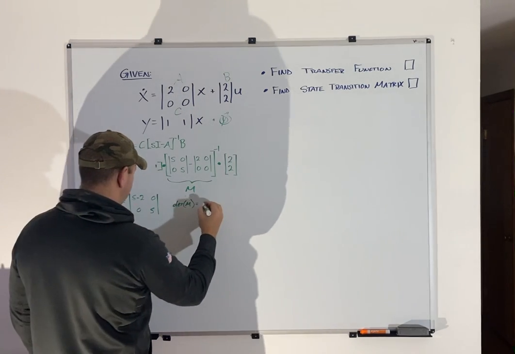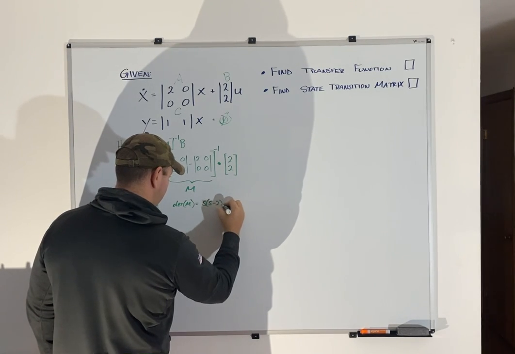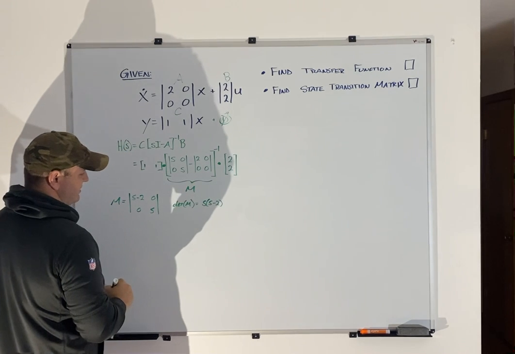So it's going to be S times S minus 2 minus 0. So the determinant is just S times S minus 2.